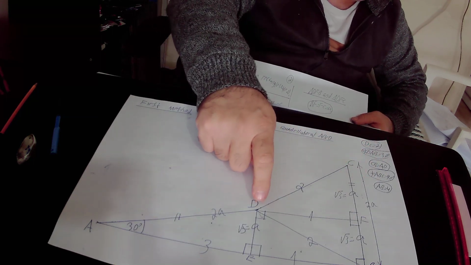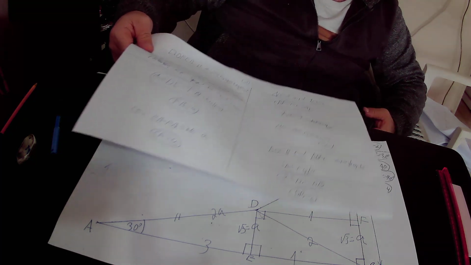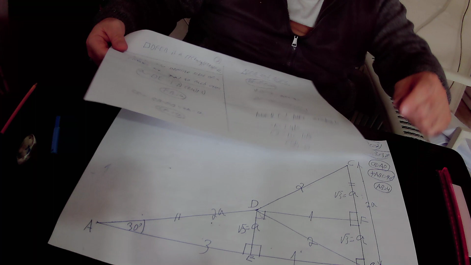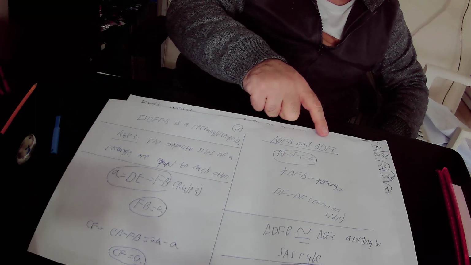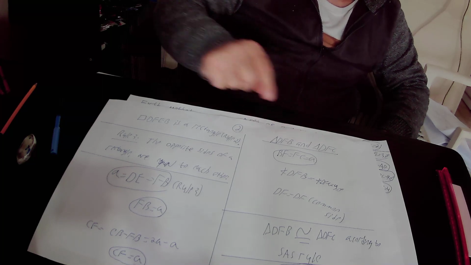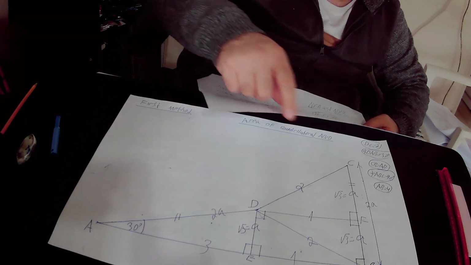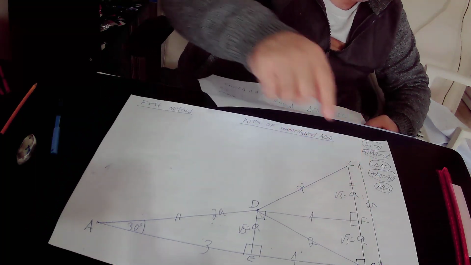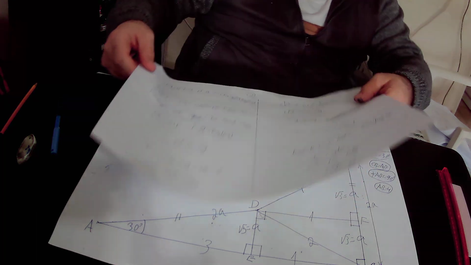Then we join together points D and B by a straight line, and we proved that those two triangles can go into each other. We proved that triangle DFB can go into triangle DFC. Why can they go into each other? First of all, we know that BF equals FC equals A. Those two angles are also equal to each other. They are both equal to 90 degrees.